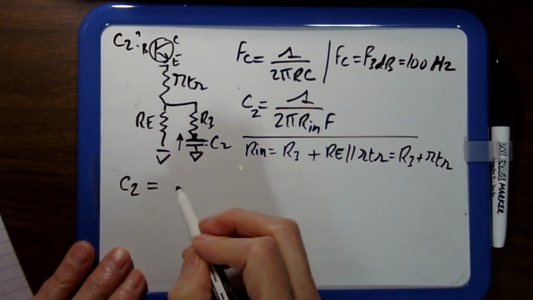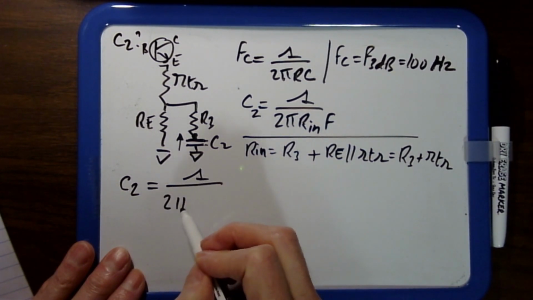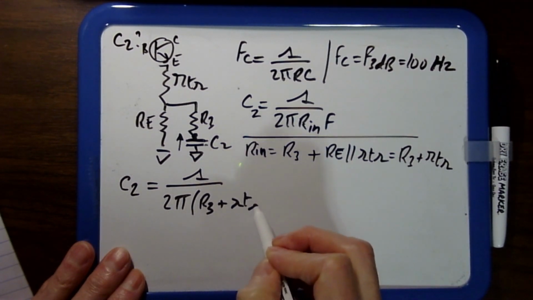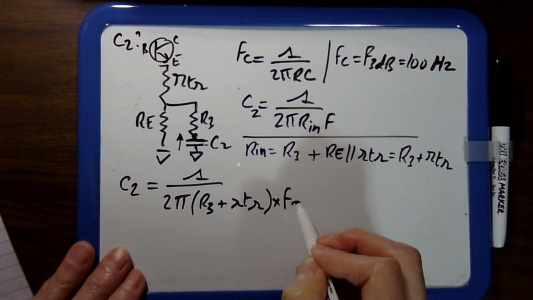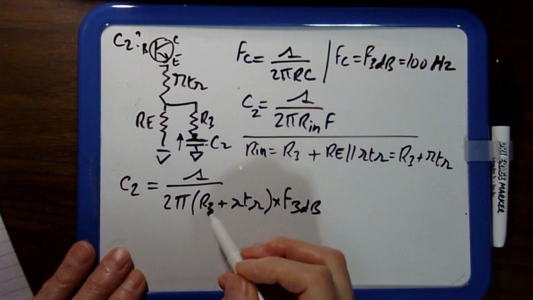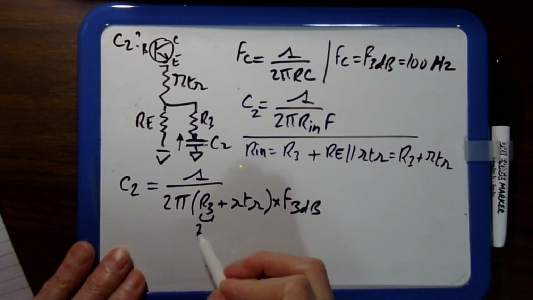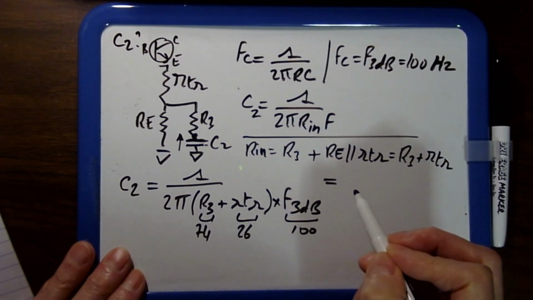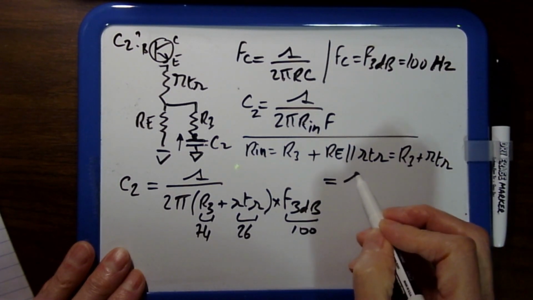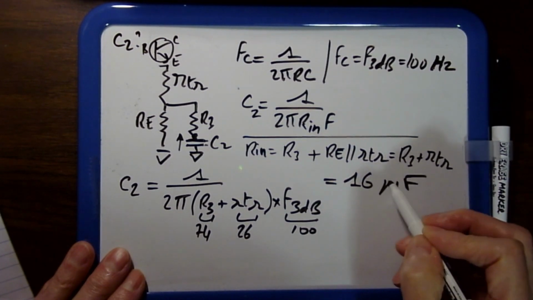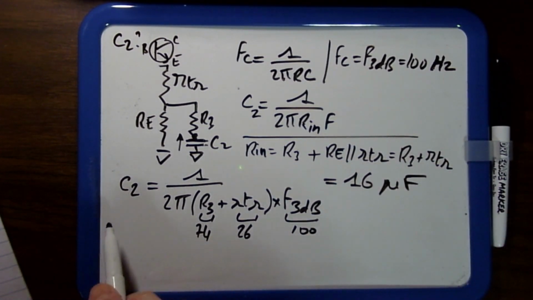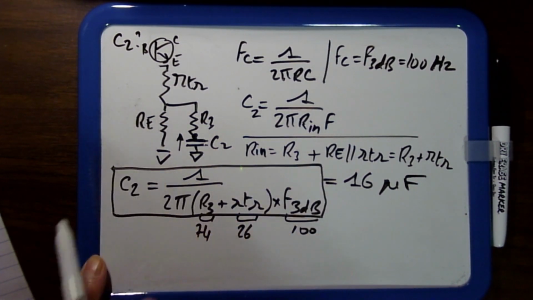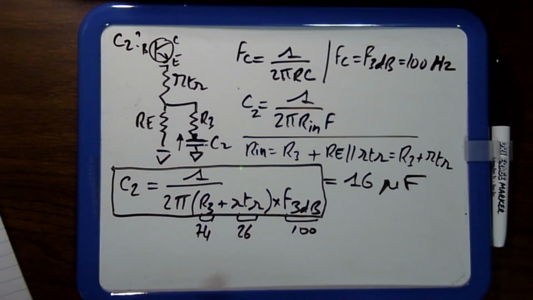So C2 equal 1 over 2 pi R3 plus RTR times F3 dB. So we know everything here. This is 74, this is 26, this is 100. It gives you 16 microfarad. Okay, but that's the formula here. C2 equal this. That's your formula for the bypassing capacitor.